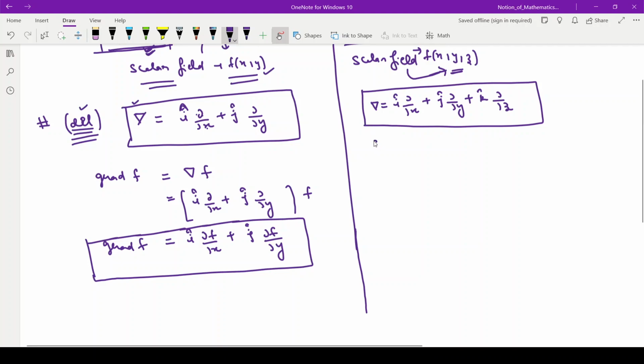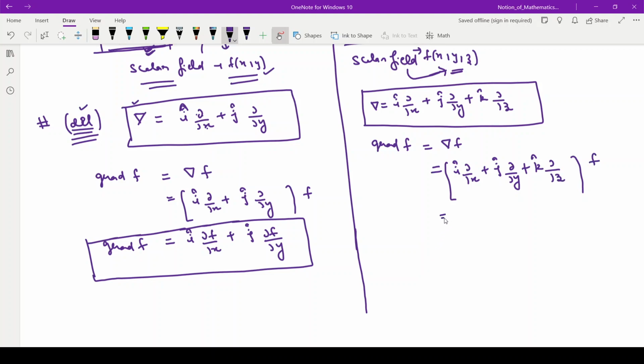Similarly, I can define the gradient of f in the three-dimensional approach, that is also del of f, and I will put the value of del here: i cap partial by partial x plus j cap partial by partial y plus k cap partial by partial z of f, or it may be written as i cap partial f by partial x plus j cap partial f by partial y plus k cap partial f by partial z.